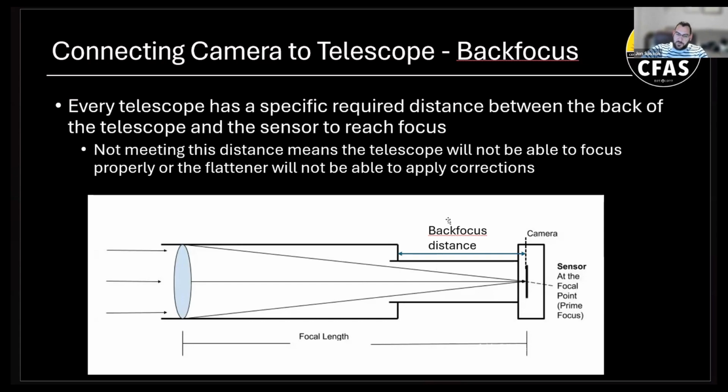So again, every telescope will tell you what that distance is. The most common one is 55 millimeters for historical reasons. But different telescopes will have different ones, like an SET, for example, like mine. The back focus is 146.1 millimeters. So you'll just have to see what your telescope is doing.